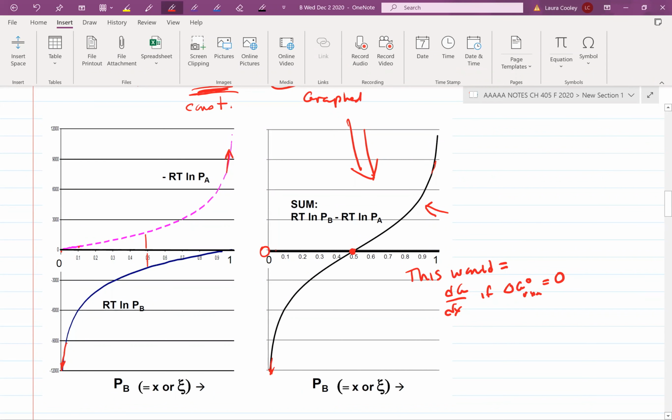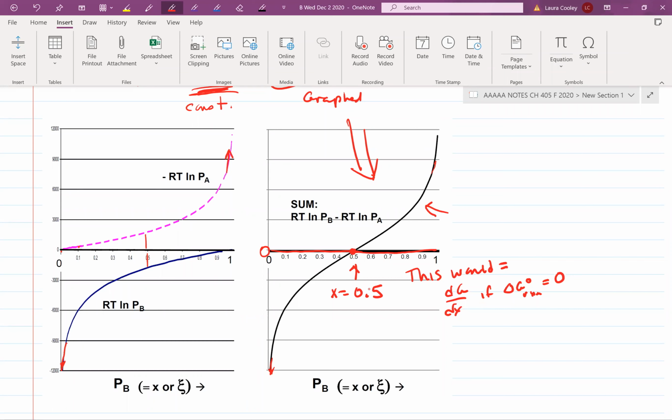This is where dG/dx is equal to 0. And where does it happen? At x equals 0.5. So if you have a reactant and a product with the same Gibbs free energy, then when you start with A and you end up with B, you're going to end up at equilibrium right in the middle. That's what this is telling you.